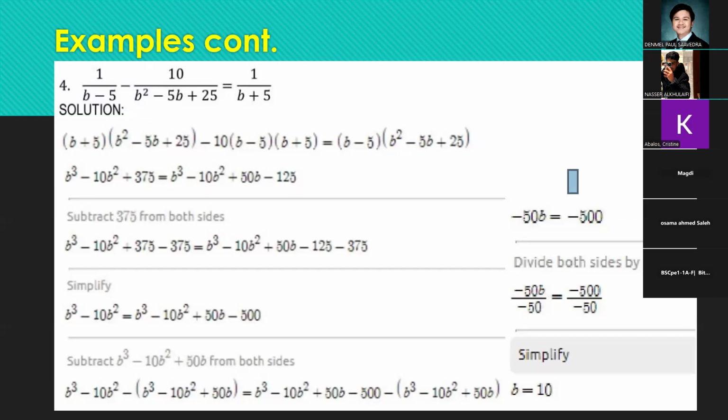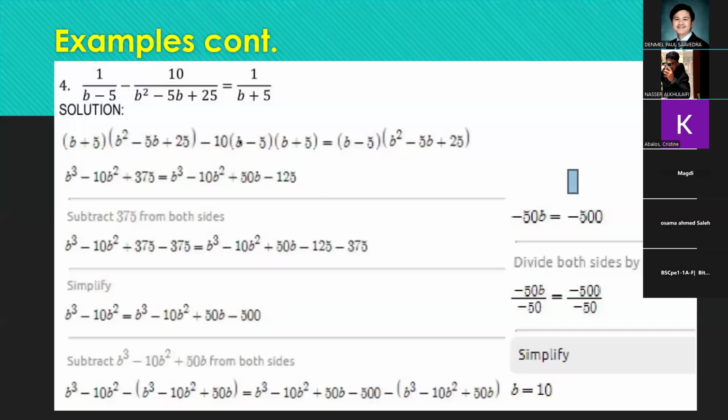Let's see, b times b. No. So it seems that we need to do it the long way, which is this one.